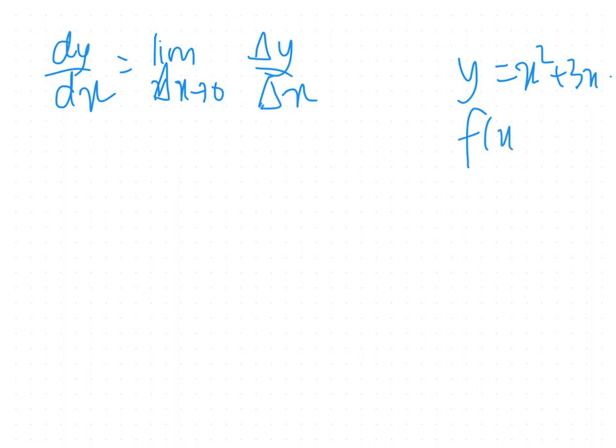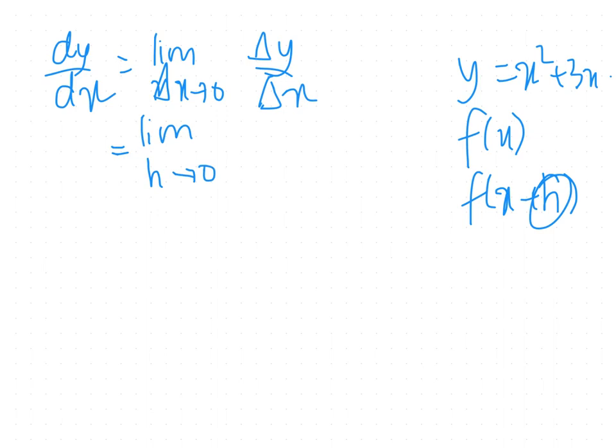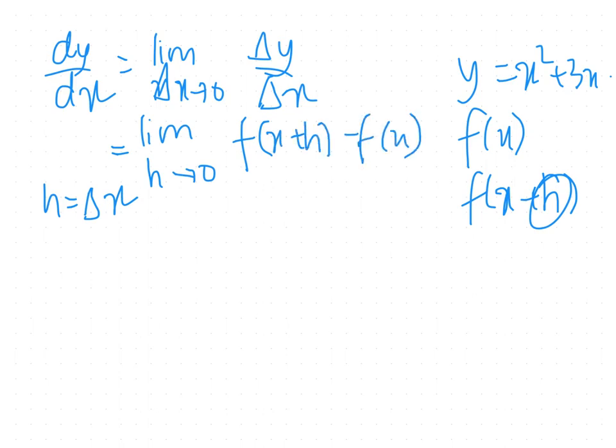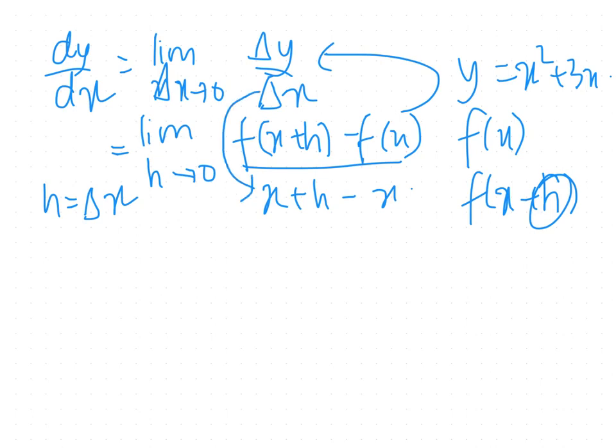This is f of x, so I could have f of x plus h. The h represents the difference. So as the limit h goes to 0, h is equal to delta x. So it means f of x plus h minus f of x, over x plus h minus x. Does this make sense? The upper part represents the delta y, and the bottom part represents delta x.